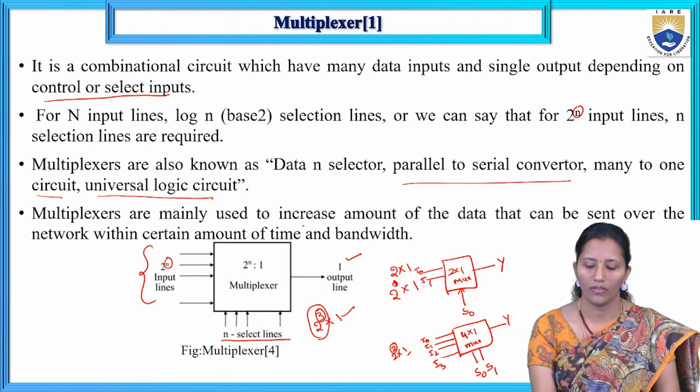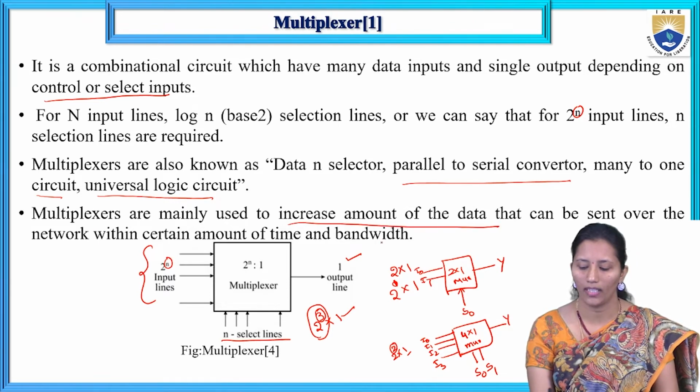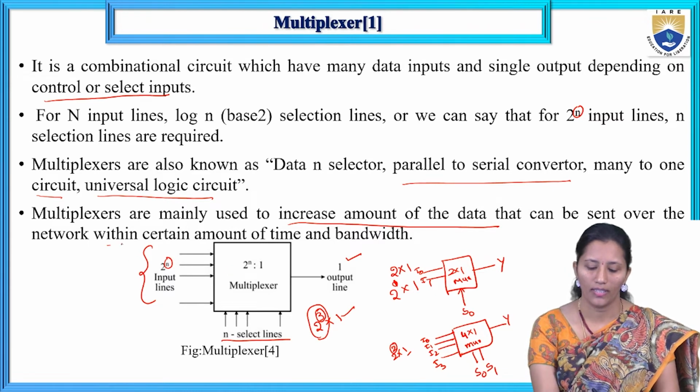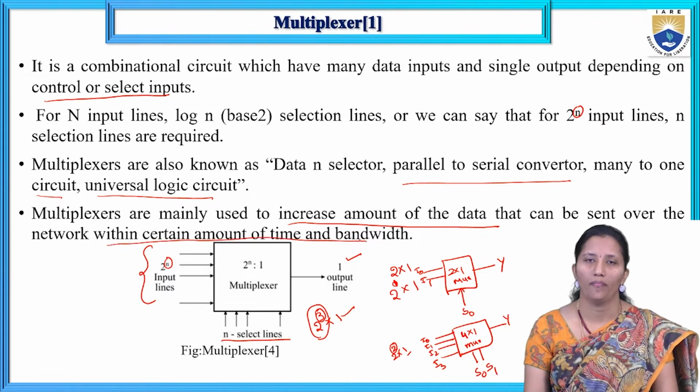Multiplexers are mainly used to increase the amount of data that can be sent over the network within a certain amount of time and bandwidth.